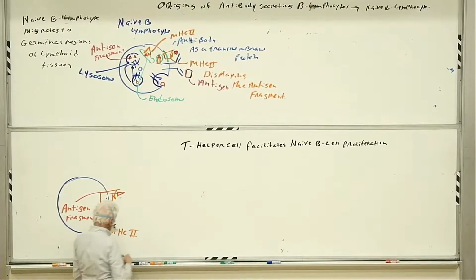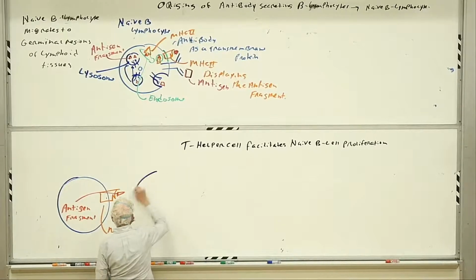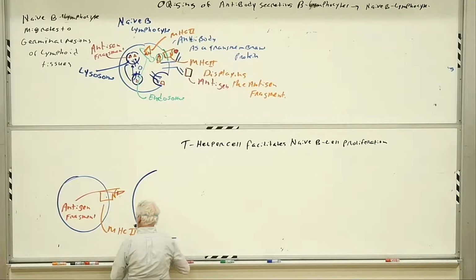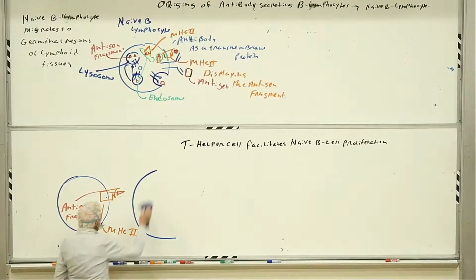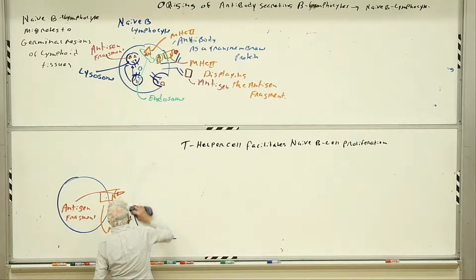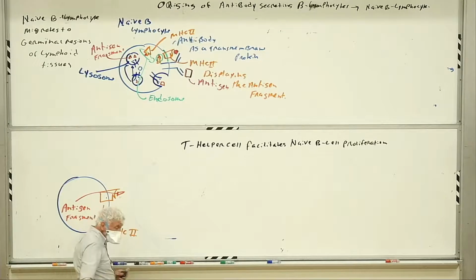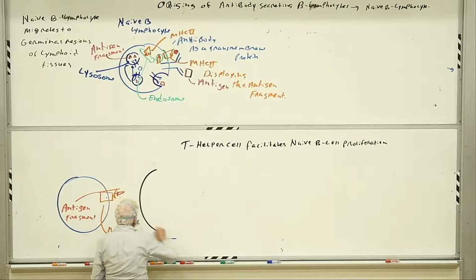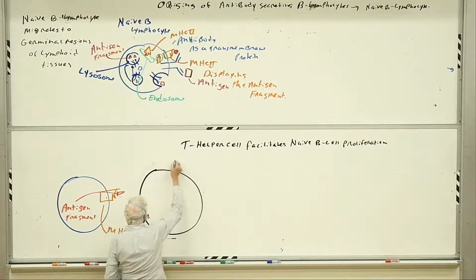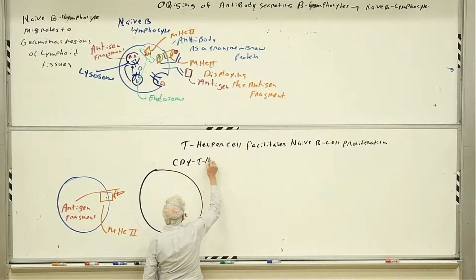Now the next character in this play is going to be this cell here. Let me put it in a different color. This cell is going to be the T helper cell, or CD4 cell. So this cell is going to be the so-called CD4 cell, also known as a T helper cell.